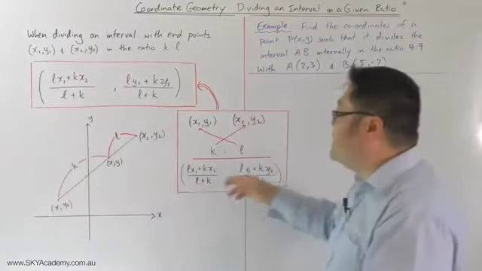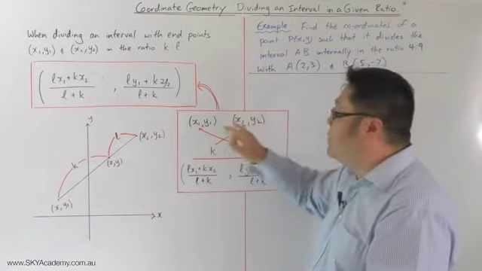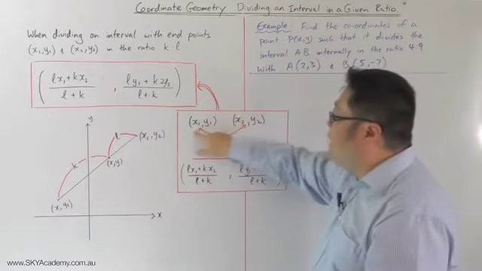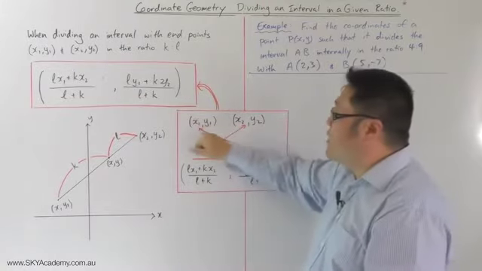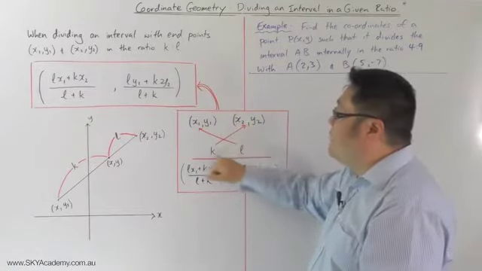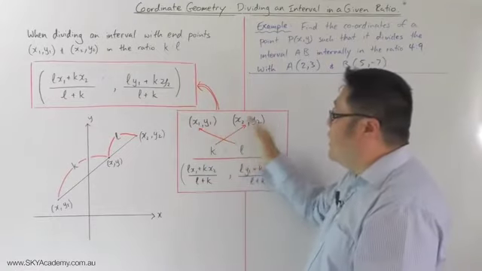That is the form you would have seen the formula in the last episode. The reason I did that is because if you're dividing an interval in a given ratio, you put your endpoints left to right in the order they're given in the question. Then you put the ratio left to right in the order it's given in the question, and then you multiply across.